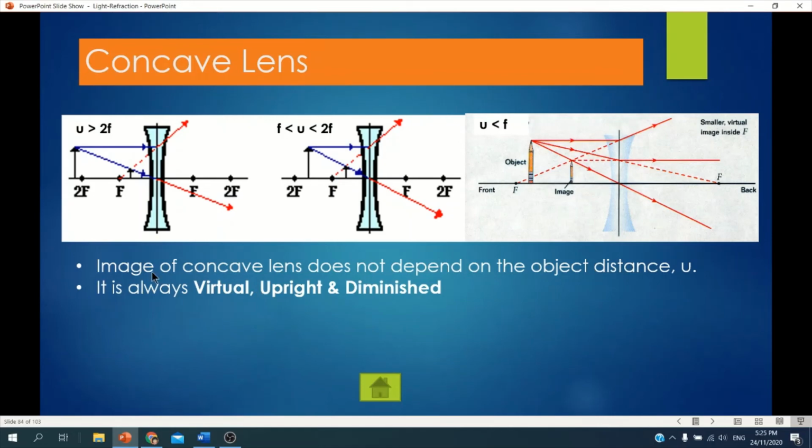Okay, so the image of concave lens does not depend on the object distance. No matter where you place the object, the image is all similar. They are always virtual, upright, and diminished. Different from convex lens. Convex lens, the image formed by convex lens depends on the position of the object.